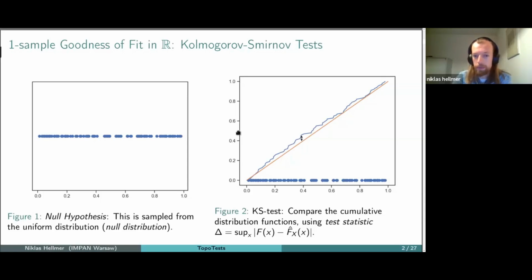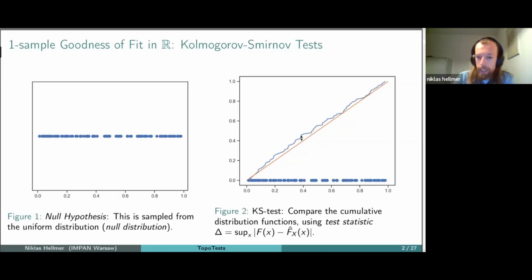You can compare this with what you would expect under the null hypothesis, which is the cumulative distribution function of the uniform distribution. This is just the diagonal line: you would expect half of the points to be to the left of one half, and so on.